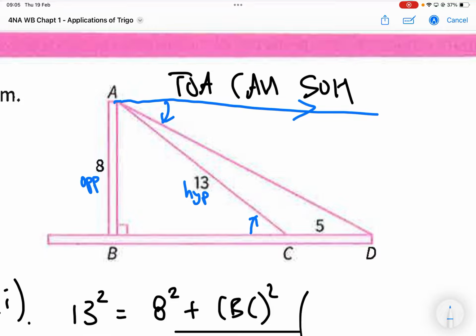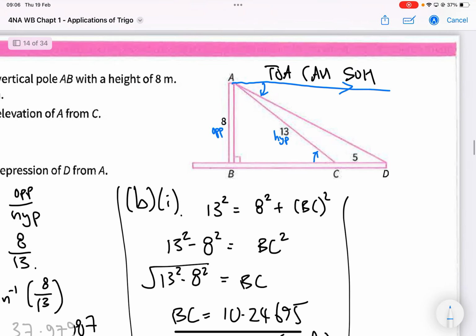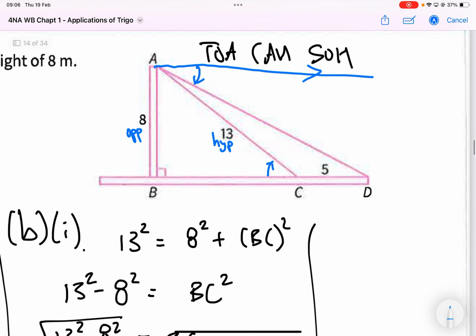So I can find this one, then take 90 minus this one, also can. Or if I take this alternate angle, then I just find this angle D also can. So finding angle D or that one is still the same. Similar steps.